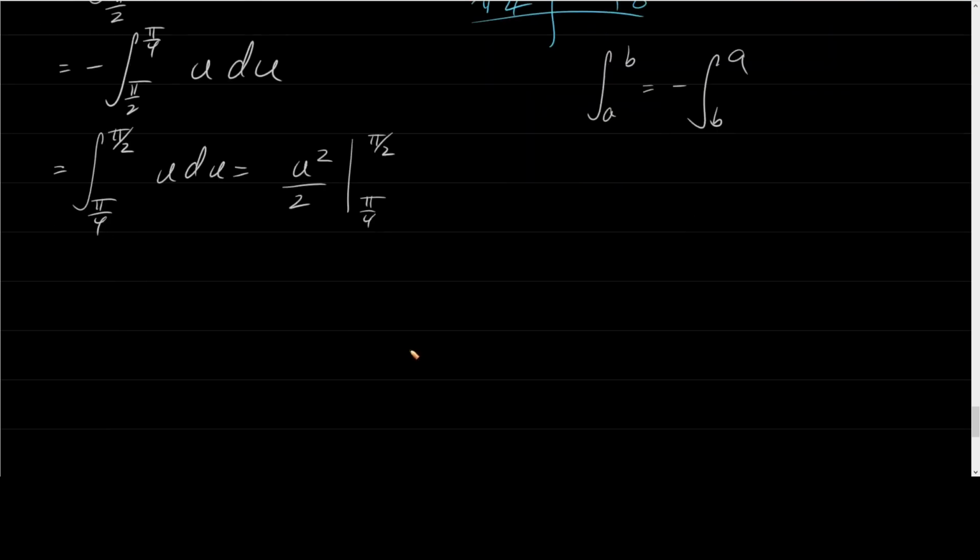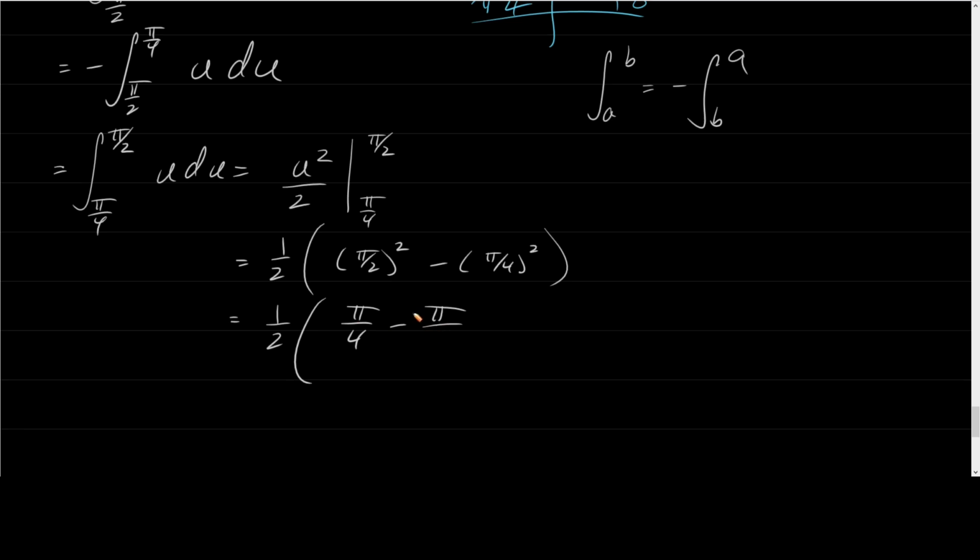At that point, when we evaluate this, I write it as 1/2 times pi over 2 squared minus pi over 4 squared, which gives us 1/2 times pi squared over 4 minus pi squared over 16. The common denominator between 4 and 16 is 16.